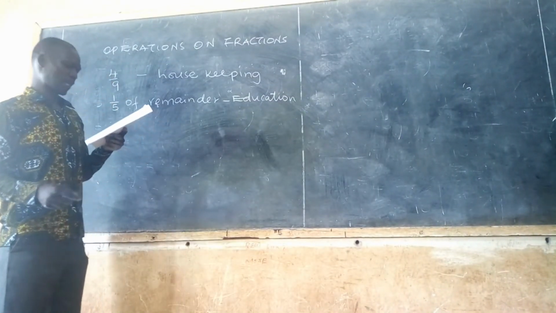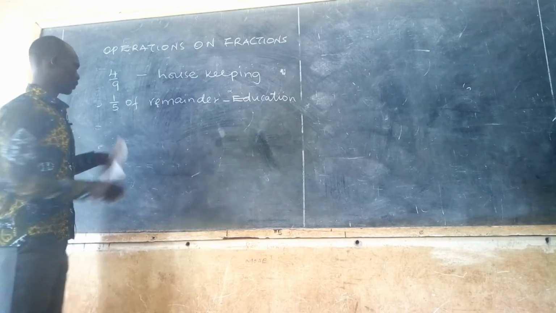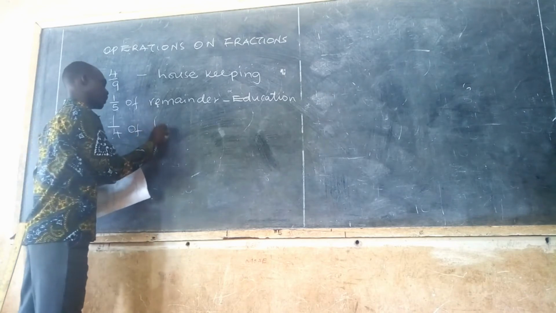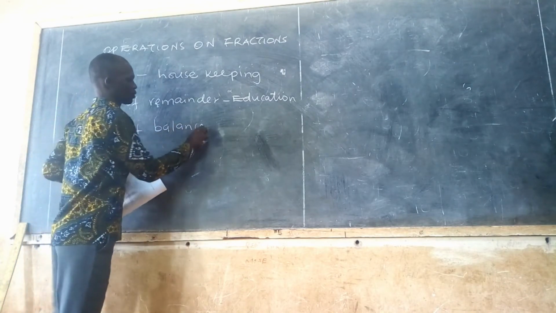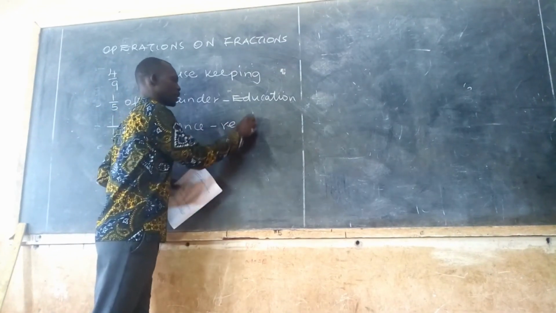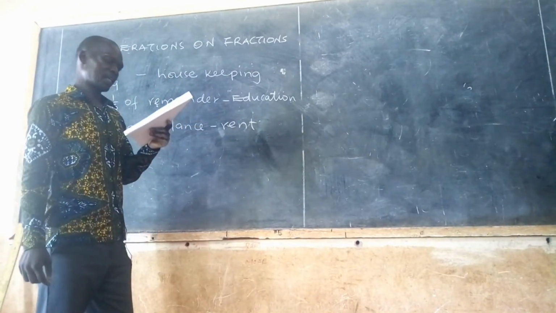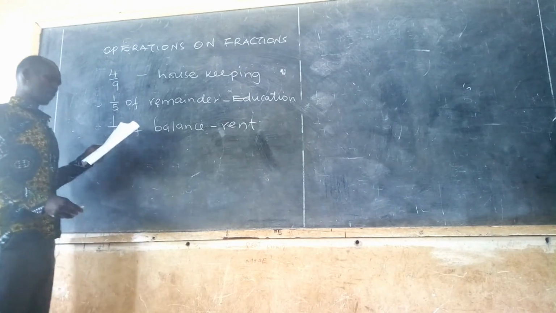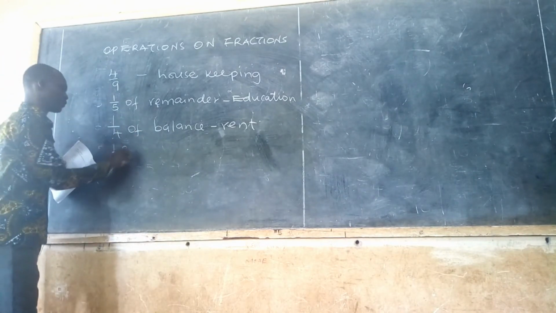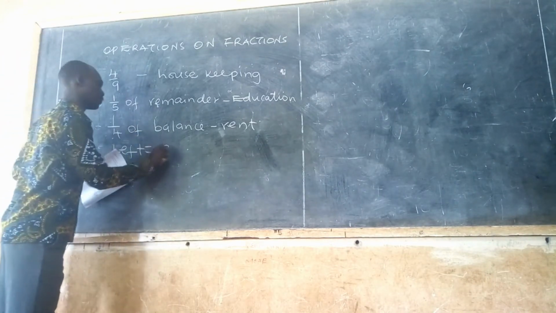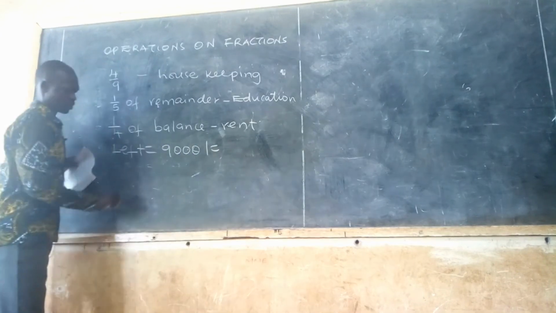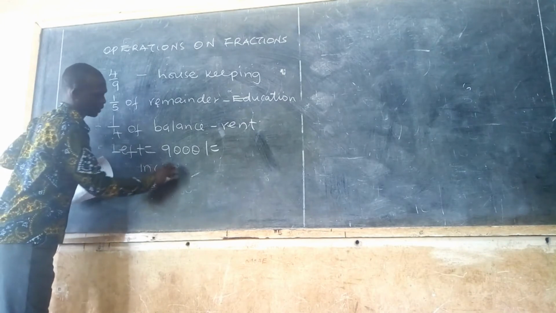A quarter of the balance is used on rent. And finally, this leaves me with 9,000 shillings left. So the question is, what is my income?